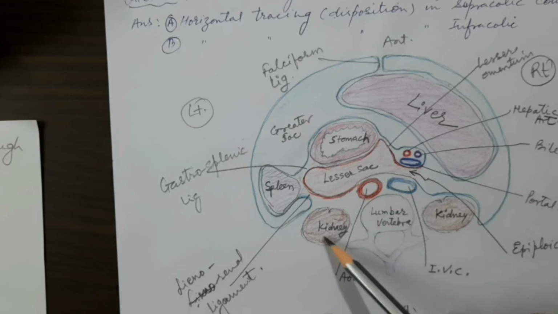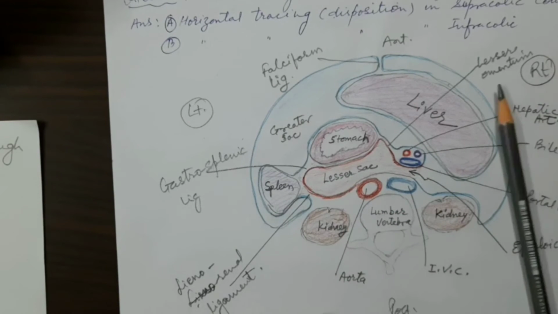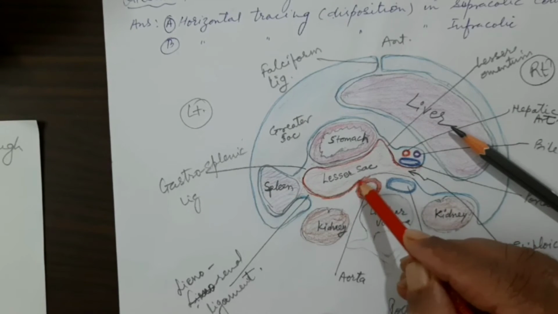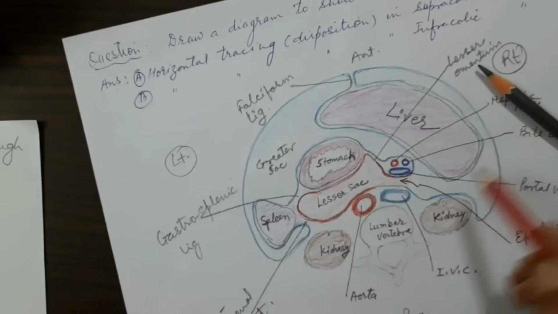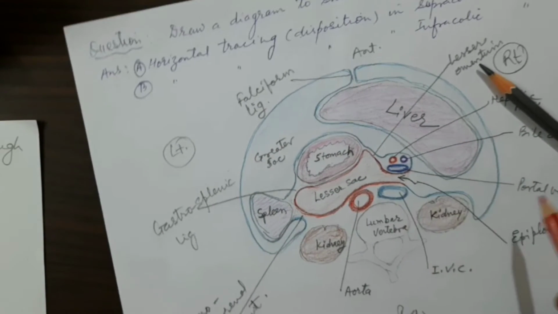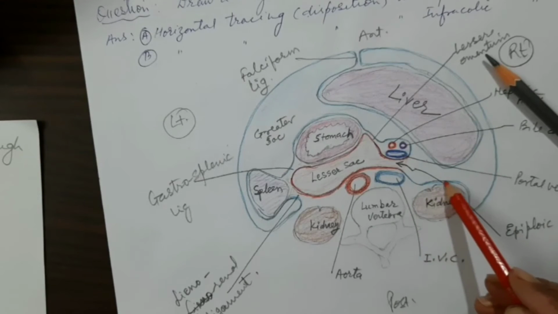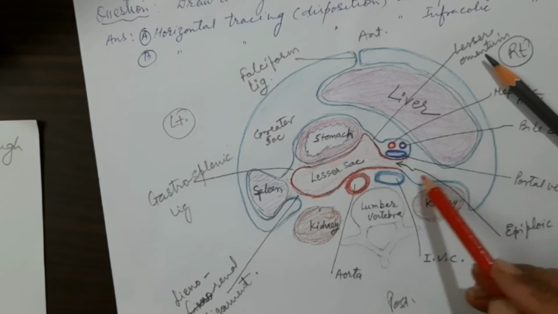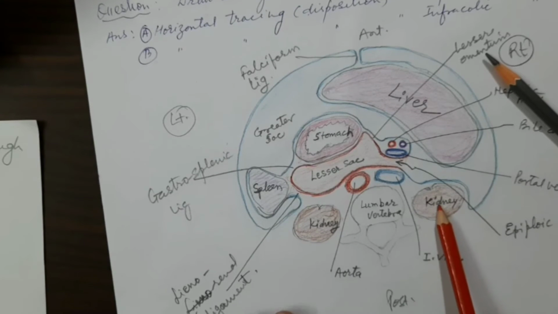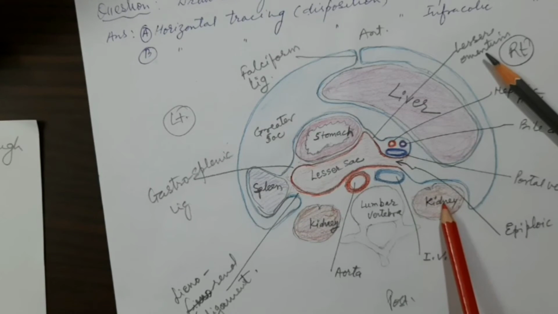So this is how the red line continues here. Then it will cross the anterior aspect of the aorta, then the anterior aspect of the inferior vena cava, and will continue with the parietal peritoneum which is covering the anterior aspect of the right kidney here.